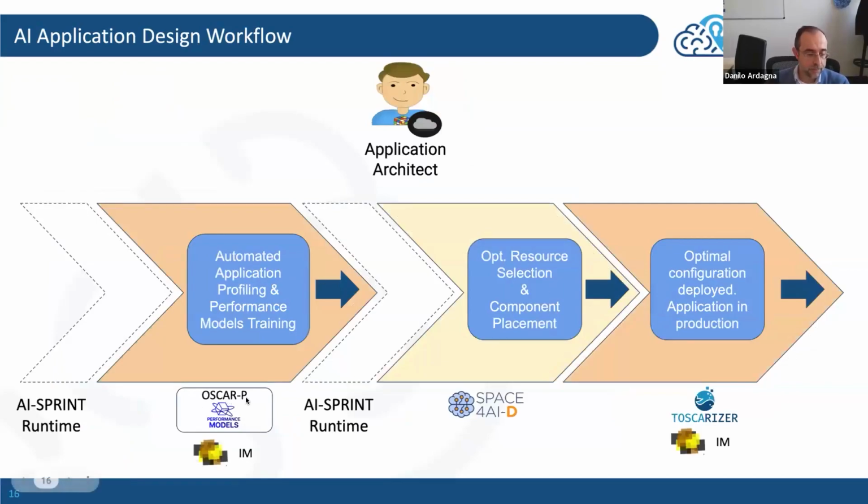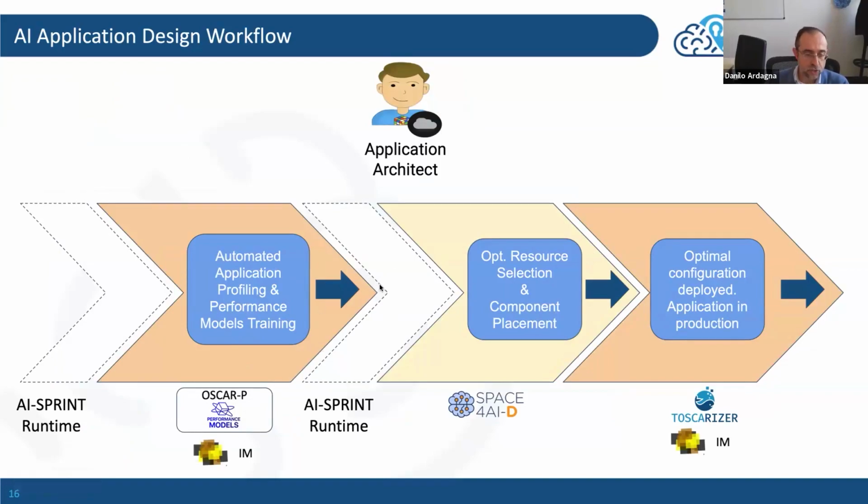We have OSCAR Profiler that helps in the profiling of the application and in the training of the machine learning model. So we can say, okay, you can profile my component where I exploit from 2 up to 10 cores running, for example, on an NVIDIA Jetson or on a Raspberry Pi with some accelerator, and all is managed transparently.